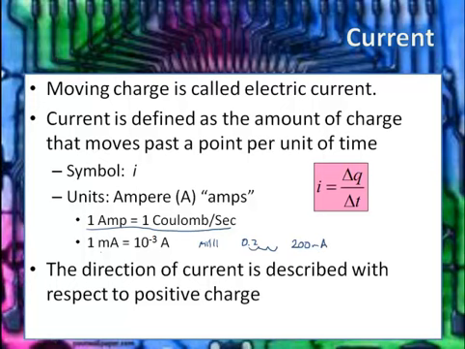But current does have direction associated with it, and when we draw an arrow, for instance, representing current, that's the direction that positive charge would flow. It's kind of unfortunate that things are designated that way because positive charge, which would be protons, are usually stuck inside of the nuclei, and they can't really get out or flow very often.